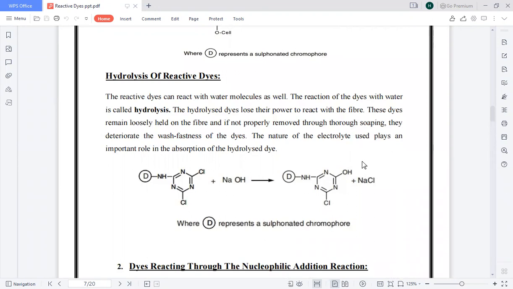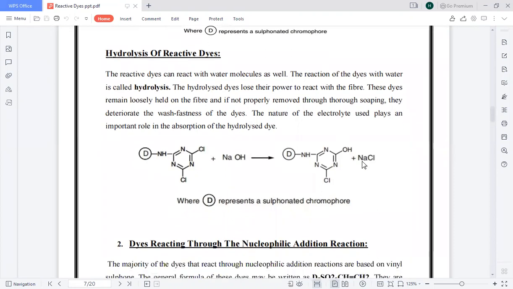The reactive dyes can react with water molecules as well. The reaction of dyes with water is called hydrolysis. So the hydrolyzed dyes lose their power to react with the fiber. These dyes remain closely held on the fiber, and if not properly removed through thorough soaping, they deteriorate the wash fastness of the dyes. The nature of the electrolyte used in the solution will have an important role in the absorption of hydrolyzed dye.